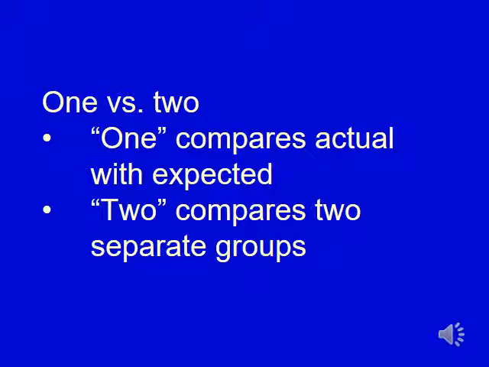Either different from what it is worldwide or different from what it used to be, different from what you'd expect. On the other hand, a 2-sample test, you're comparing 2 separate groups, like men and women, or blacks and whites, or otherwise 2 completely separate groups. So 1, it compares one thing with what it's supposed to be. 2, you're looking at 2 separate groups.